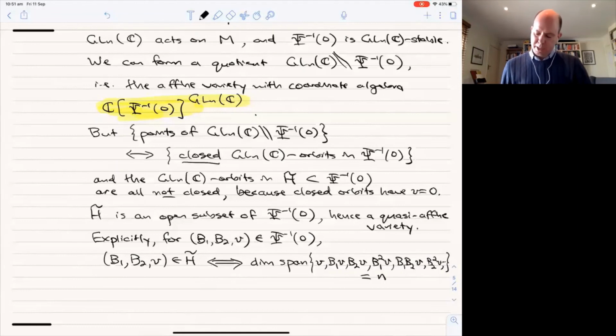And even though we have an infinite list of vectors here, if the dimension of the span is meant to be n, that means there's some finite subset of n of them which span the whole thing. So that's equivalent to saying that there are n of these vectors such that if you put them together in an n by n matrix, it has non-zero determinant.